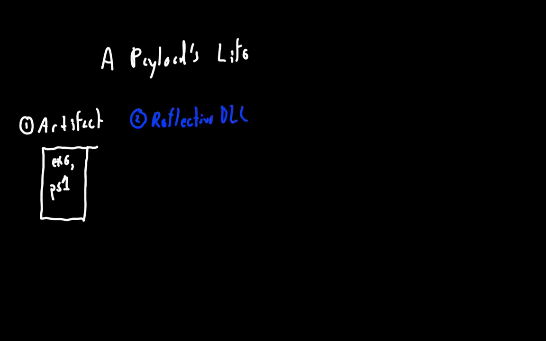But the artifact allocates memory for this package, and that memory could be RWX, that is in control of the artifact, and the artifact controls how much space it asks for. And it will copy our Beacon Reflective DLL package into that memory. Okay?